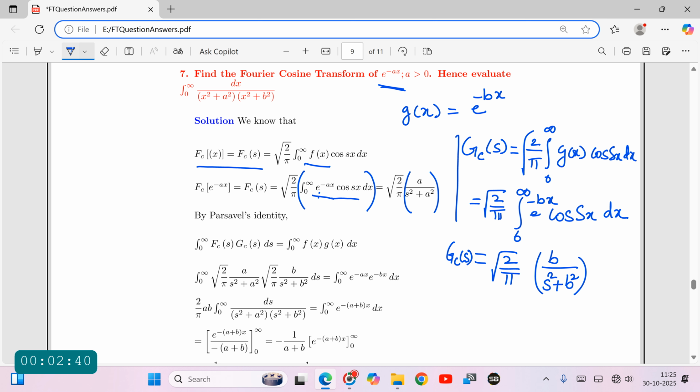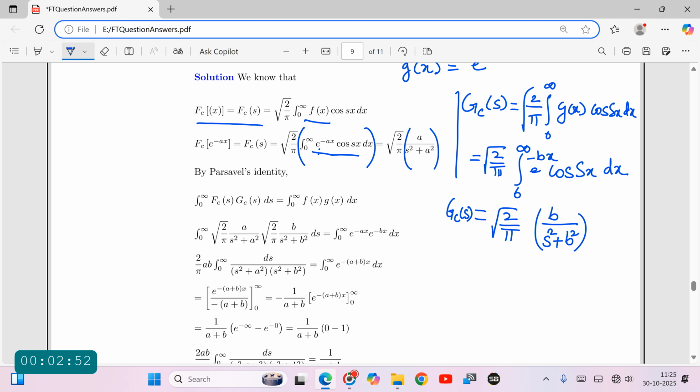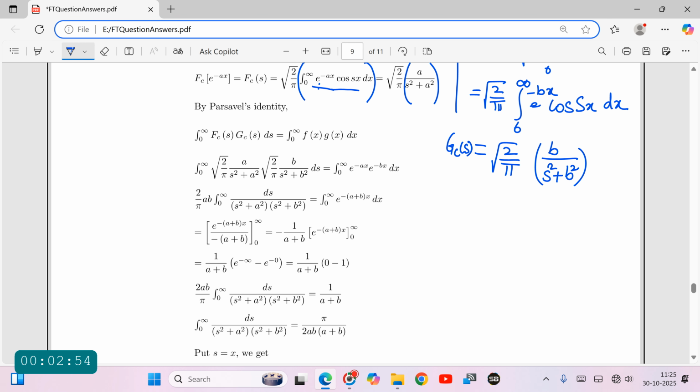Evaluate integral 0 to infinity dx by x square plus a square. For finding that, we are using the Parseval identity formula. The Parseval identity formula is integral 0 to infinity fc of s gc of s ds equal to integral 0 to infinity f of x into g of x dx.